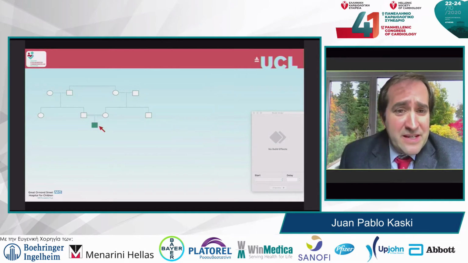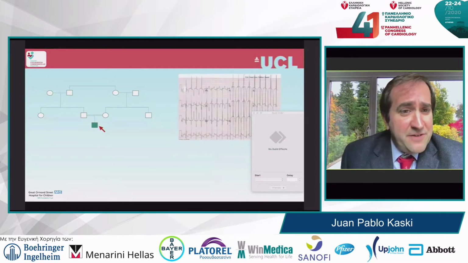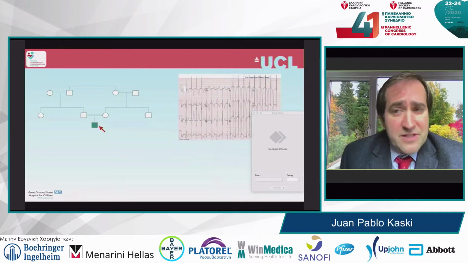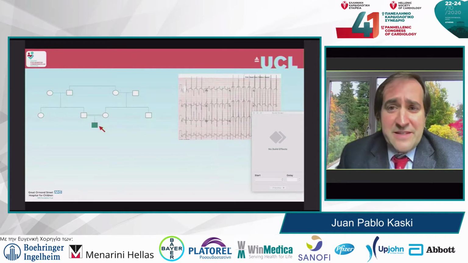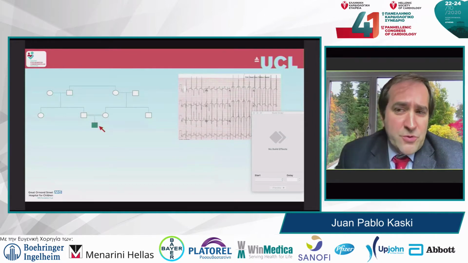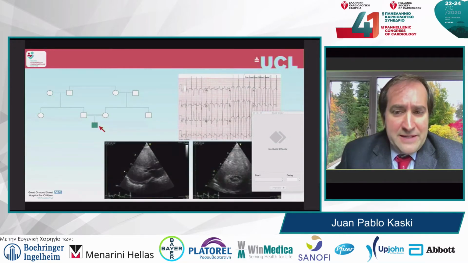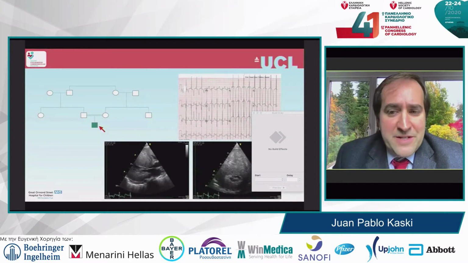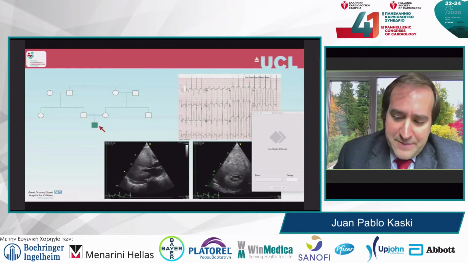This is a 3-month-old presenting with signs of congestive cardiac failure, first child of consanguineous parents. That's the ECG, which shows huge left and right ventricular voltages, extremely abnormal repolarization. And these are the echocardiographic pictures. This is extreme left and right ventricular hypertrophy, very little in the way of a cavity.